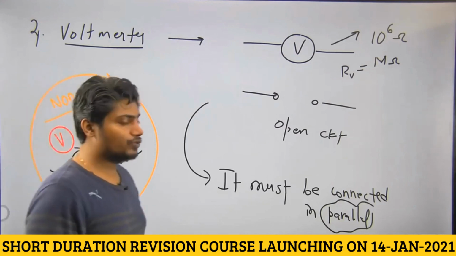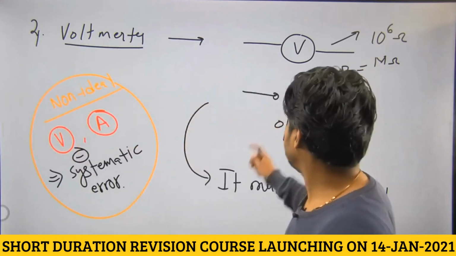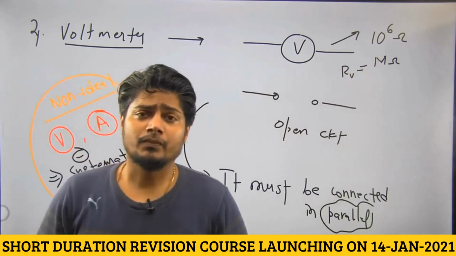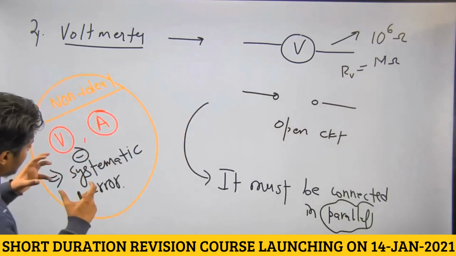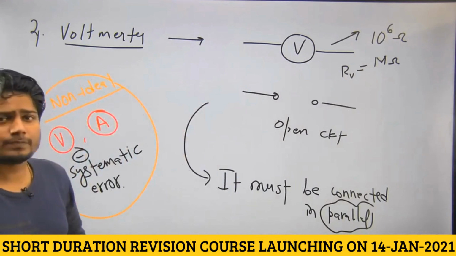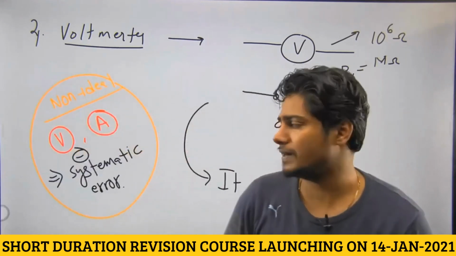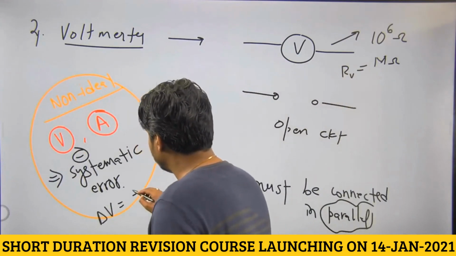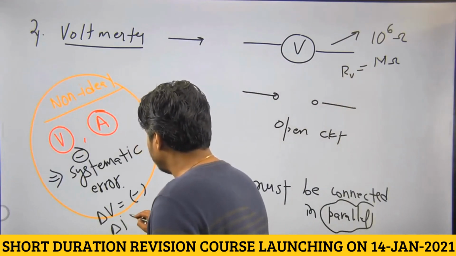So, basically when you use a non-ideal voltmeter which is not as large as this one, or an ammeter not as small as the ideal one, then they will produce error in the measurement, and they will always produce a negative systematic error. Negative systematic error means when you measure, delta V is negative and delta I is also negative.